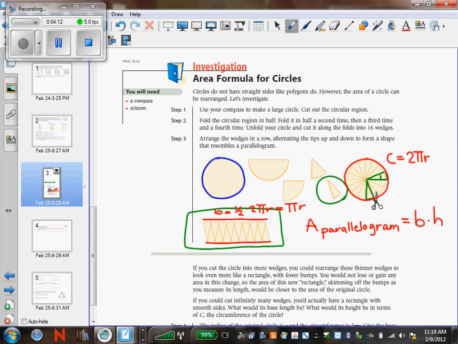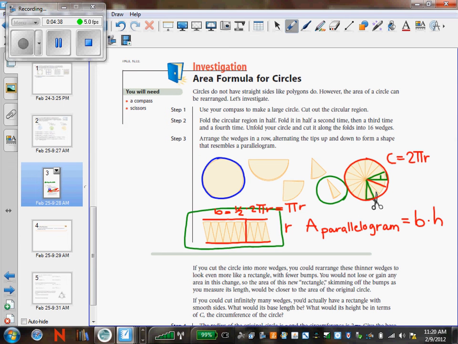The next thing I need to know is the height of my parallelogram. So this length going straight up and down. Well, that length is going to be what the radius of my circle is, because each one of those is the length of my radius.